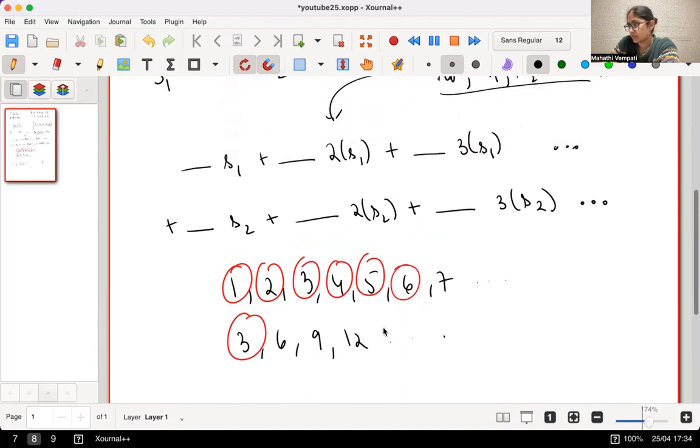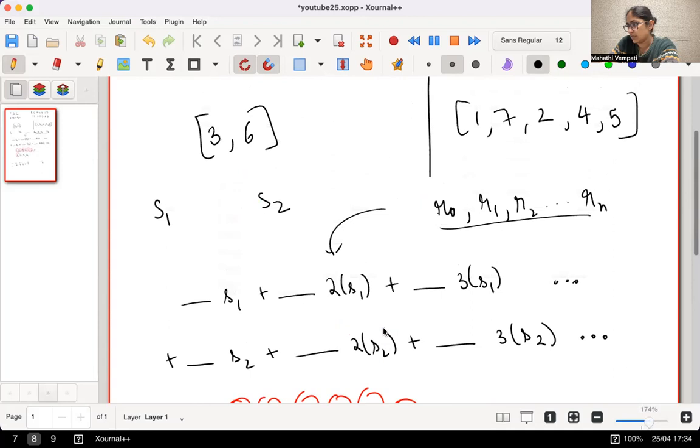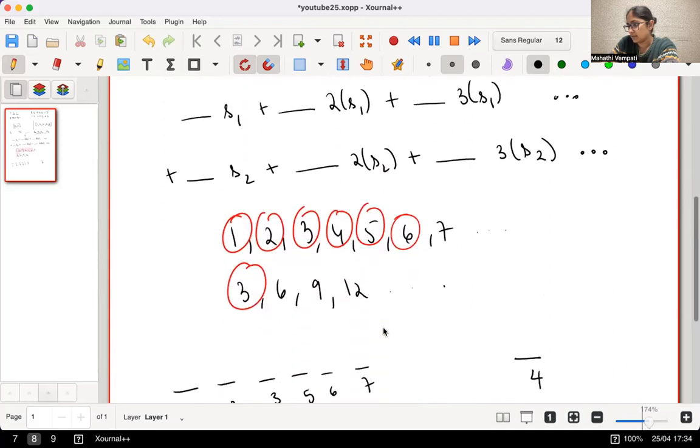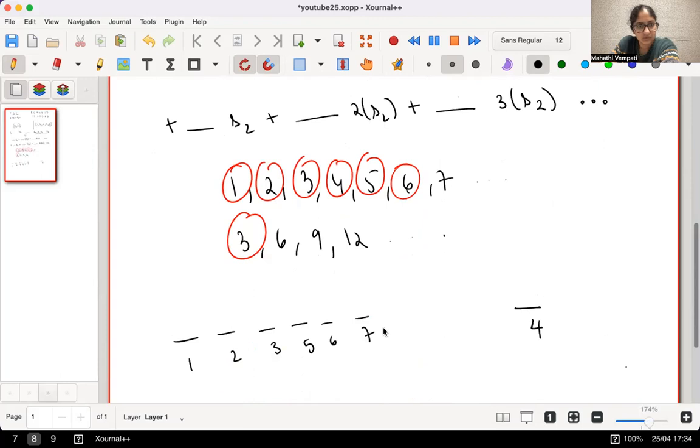And I will just do my elements in descending order, which is the first element has 8, the seventh element has 7, the second element has 6, and then 3, 4, 5, and then 6.